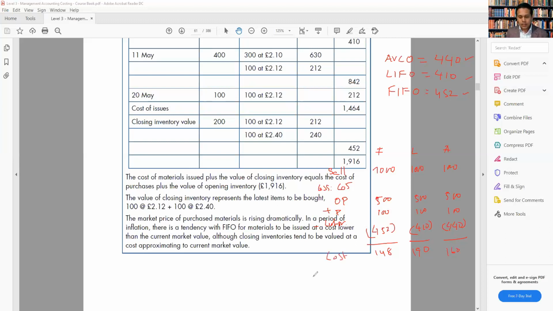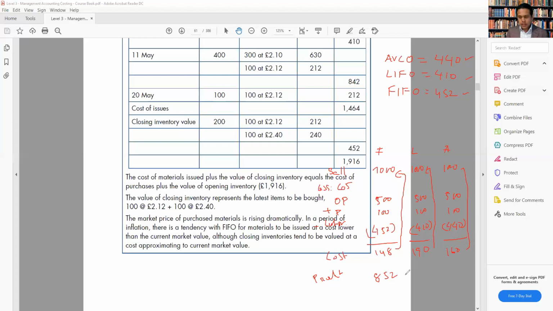And how do we calculate the profit? The profit will be sales minus cost of sales. So I minus the cost of sales from the sales. 1000 minus 148 gives me 852 profit.